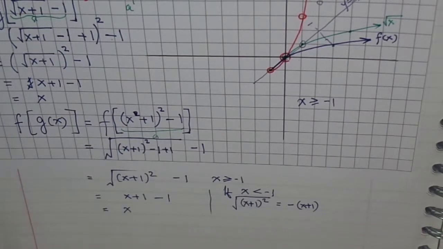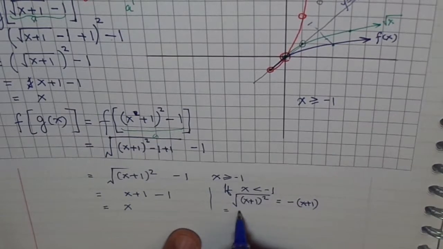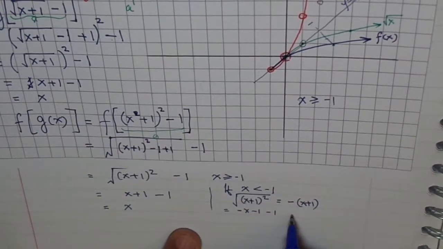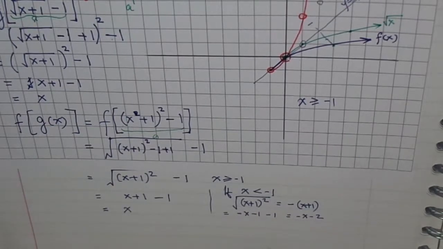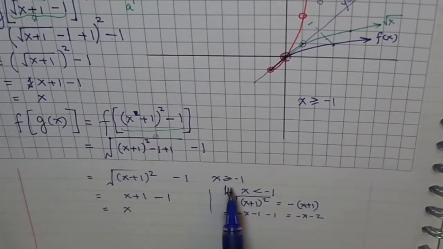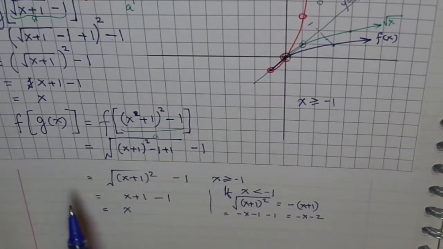What we will get? Minus x minus 2. Then it is not an inverse function, correct? Do you get it? Okay, so in that case that will be minus of (x plus 1) minus 1, which is minus x minus 2, not x. So anyway, since we restricted our domain to x greater than or equal to minus 1, we have shown that f of g of x is equal to x. Okay.